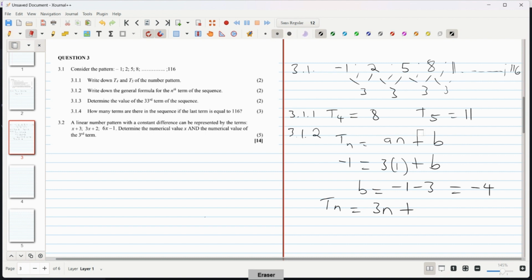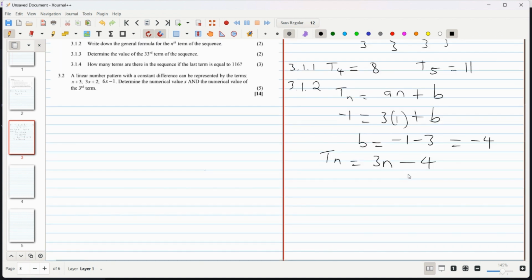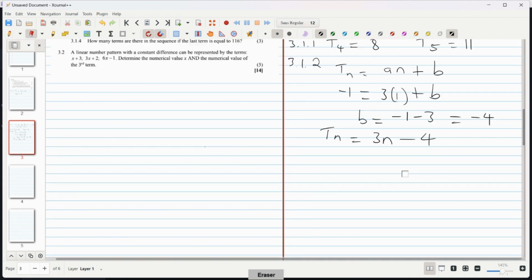Our b is negative 4. So this is our general formula, right? We are done with this question here. We move to the next one.